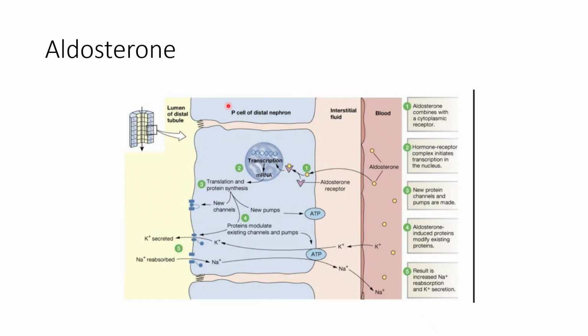Then there will be many secondary changes inside the cell that lead to increased expression of the potassium channel that will excrete potassium, and the ENaC channel that will absorb sodium. This sodium, with the help of the sodium potassium exchanger, will be absorbed into the blood.